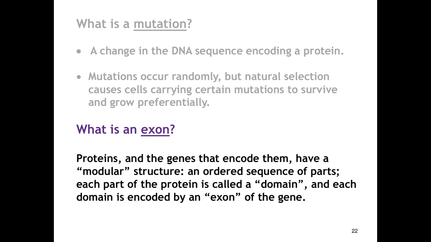So a domain is like a functional piece of a protein, and these domains are assembled together to make the full protein. And typically, each domain is encoded by a separate section of a gene which we call an exon. Now, to explain that in more detail, we'd have to go on to a whole course in molecular biology. But essentially, an exon is a piece of a gene that corresponds to a functional piece of a protein.